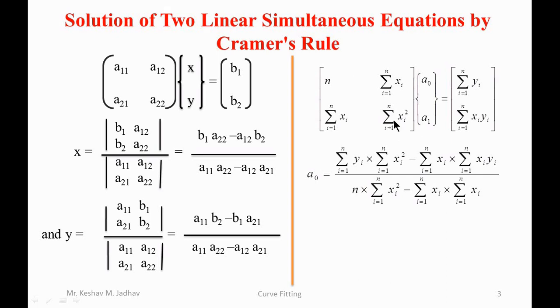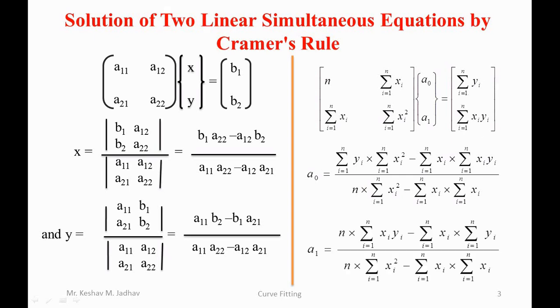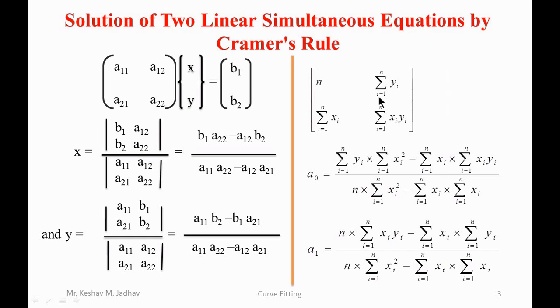Now to calculate the value of a1, we replace the second column of this coefficient matrix by the right hand side matrix, and we will get the formula for a1. So we will get this matrix, and its determinant will be at the numerator. The determinant is n into summation of xi yi minus summation of xi into summation of yi, and the denominator will be the same as in the previous case.